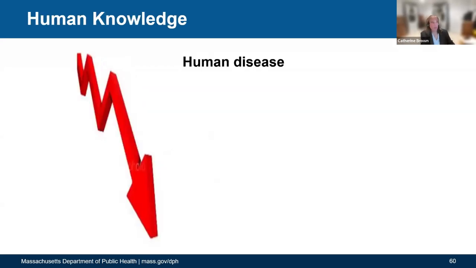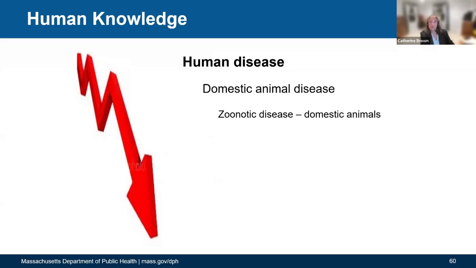But here's the problem. The amount of knowledge that we have about human disease is actually really good, right? It's not complete, but it's very good. We know less about diseases that occur in domestic animals. We know less about zoonotic diseases that occur in domestic animals.